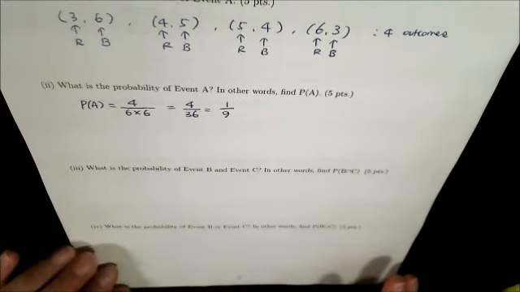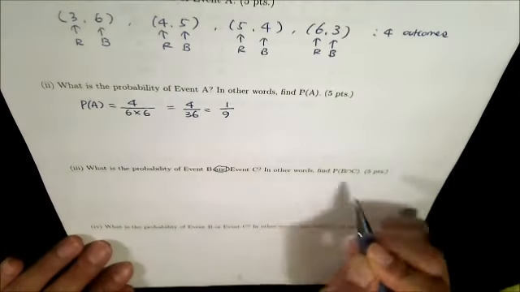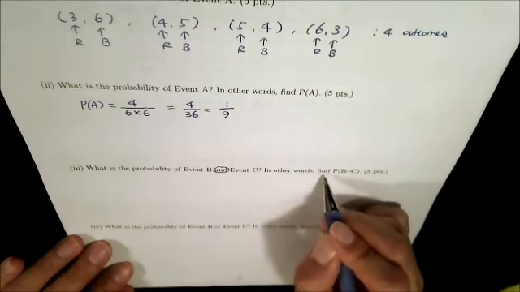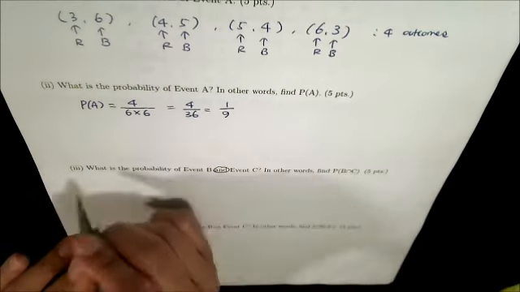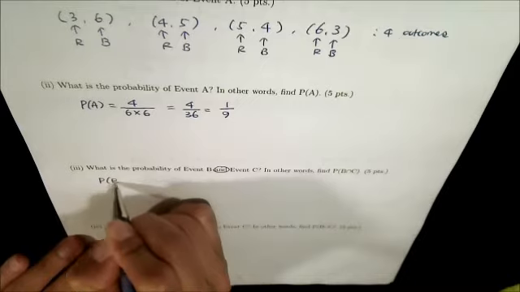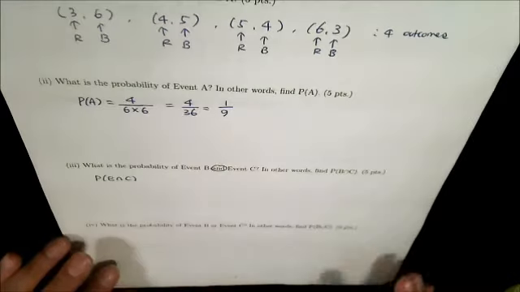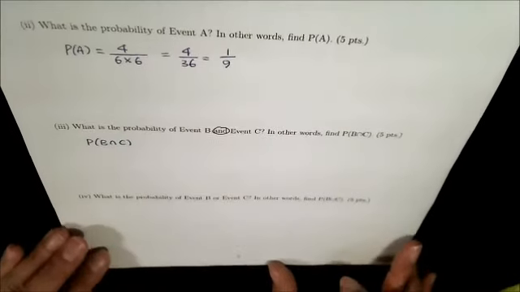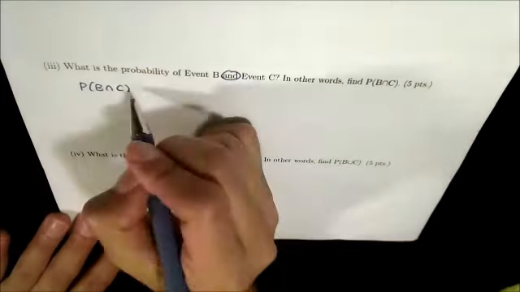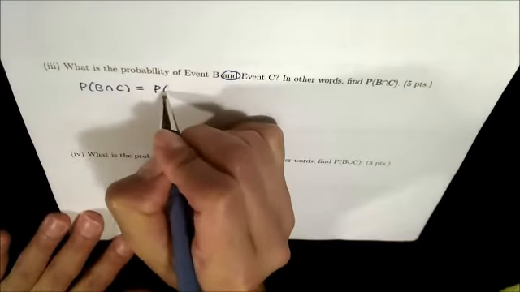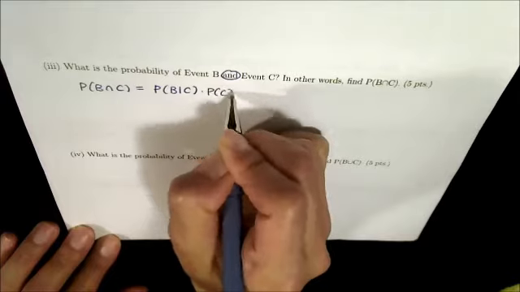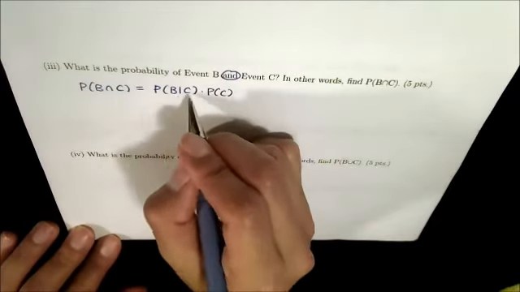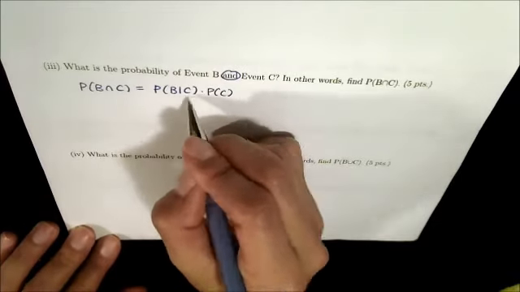And what is the probability of event B and event C? And means intersection. In other words, find probability of B intersection C. Well, this is the same as probability of B bar C times probability of C. And this B bar C is the conditional probability.